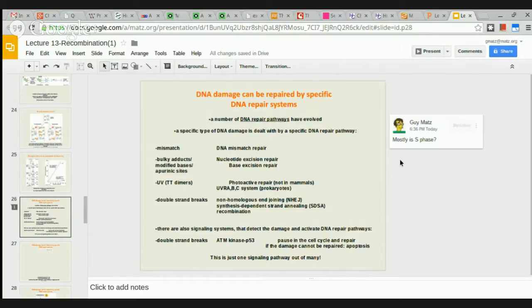So to have a DNA repair system is one thing, but you need a system that detects the damage in the first place and activates that DNA repair system. And there again, there are many signaling molecules involved depending on the damage.